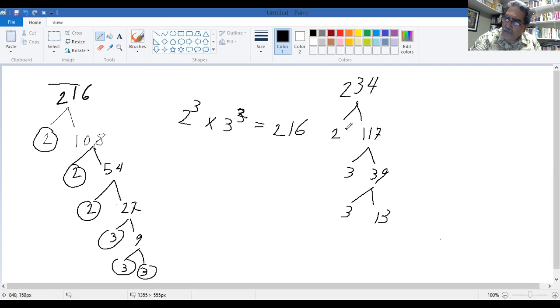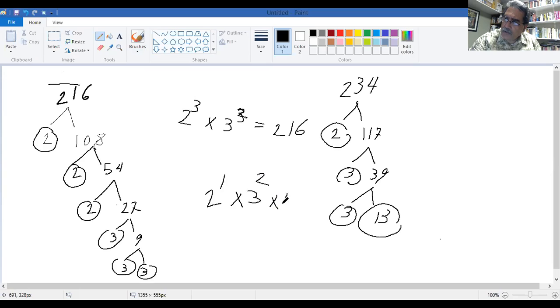Here we have 2 to the power of 1 times 3 to the power of 2 times 13 to the power of 1, equal to 234. All right? So these are the prime factorizations.